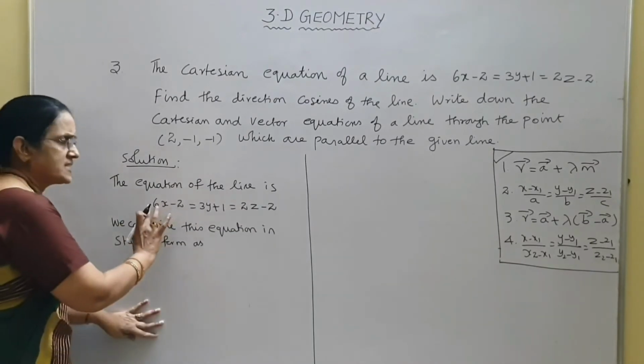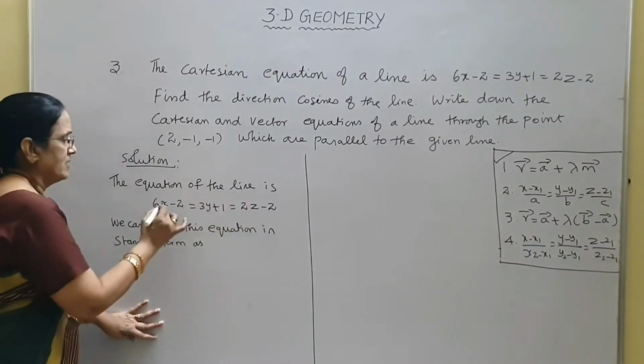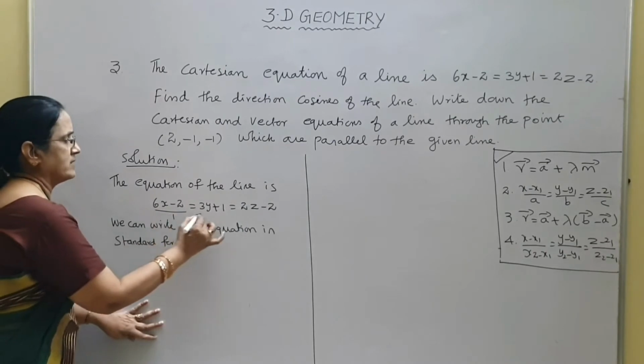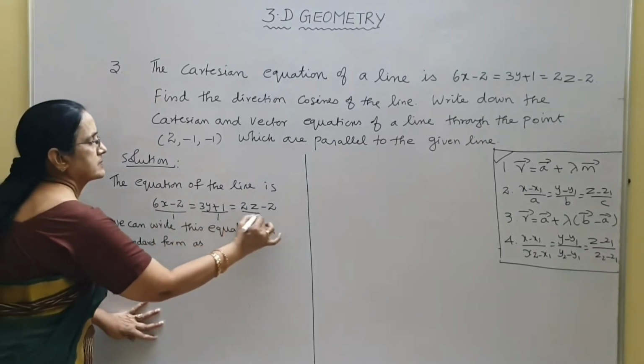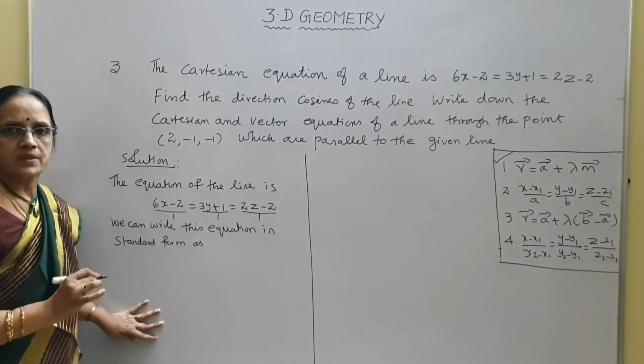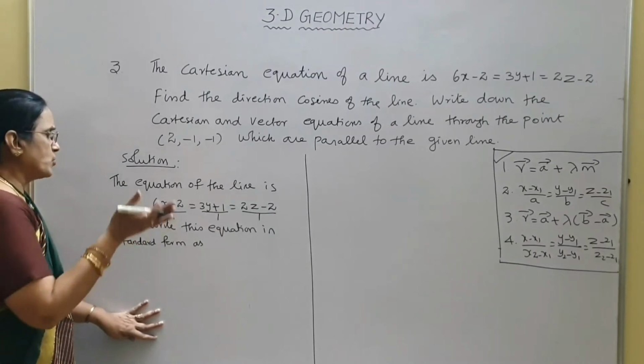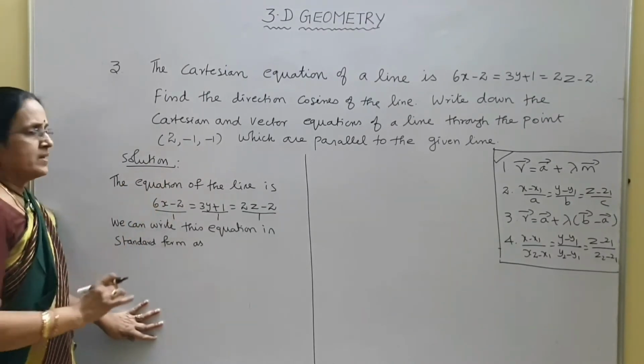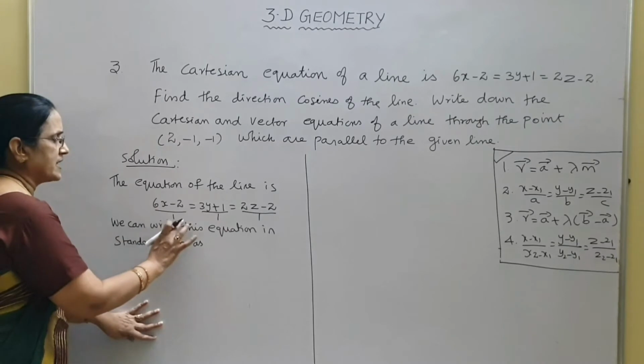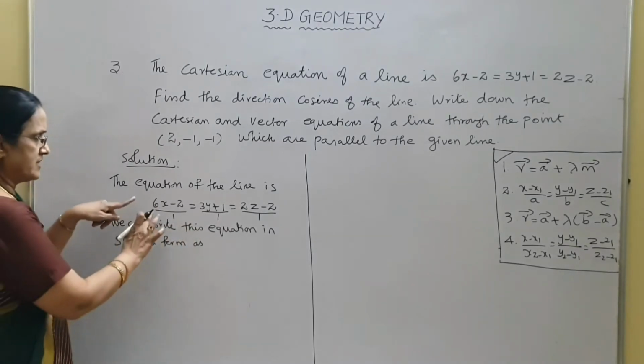In the denominator you have 1. Now what do I have to do to make it standard form? I need to divide the numerator and denominator by 6 here.